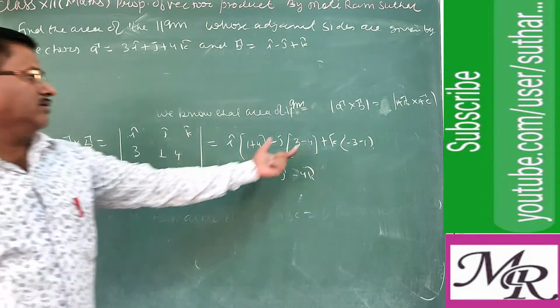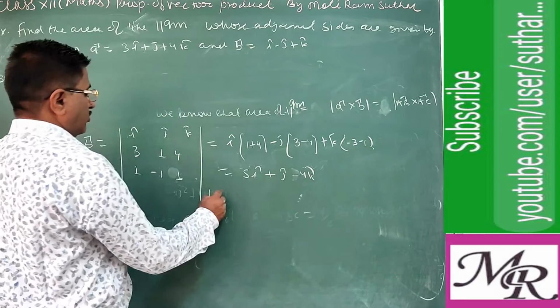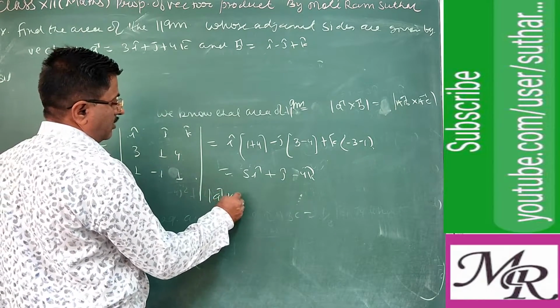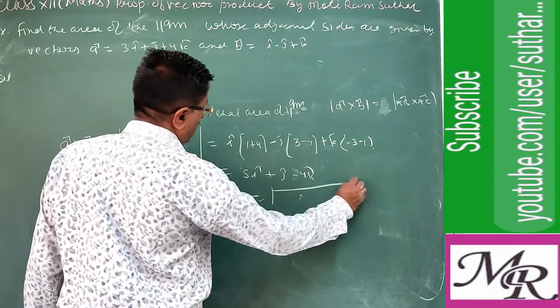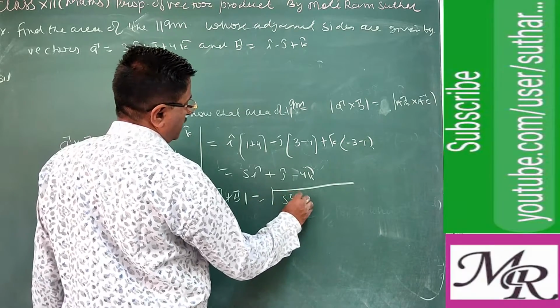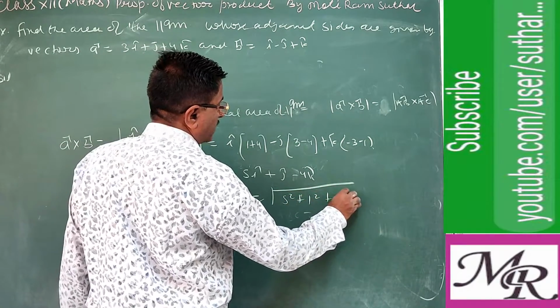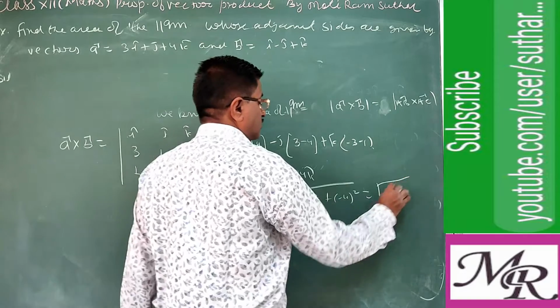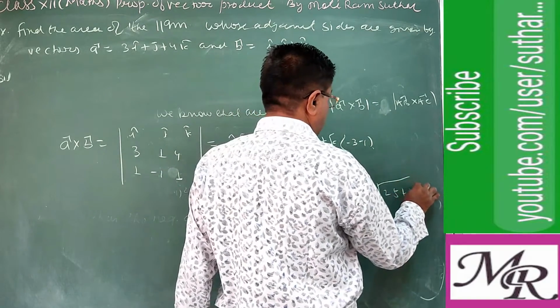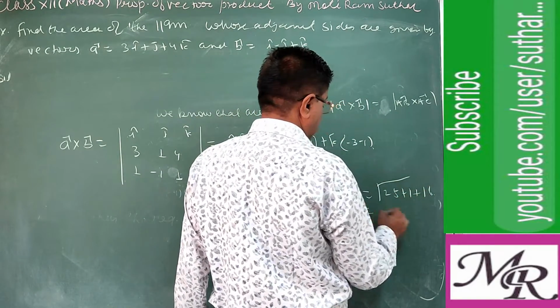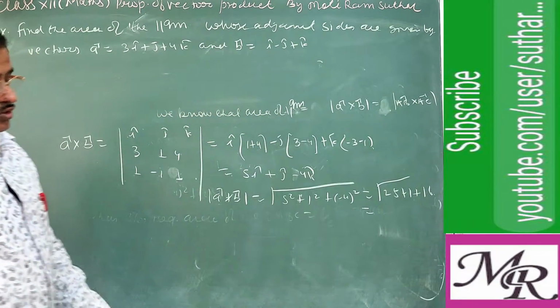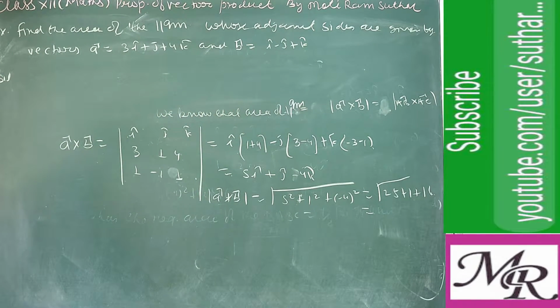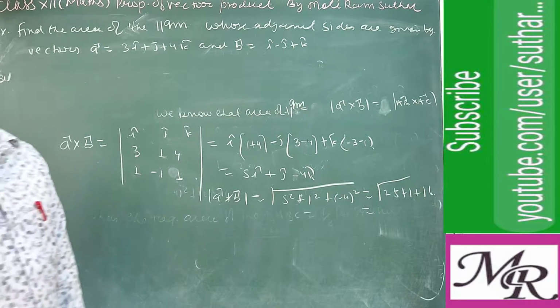Now we need the modulus of this. So modulus of vector A cross B is the root of the sum of squares of the coefficients of i, j and k. So 25 plus 1 plus 16, which is 42.